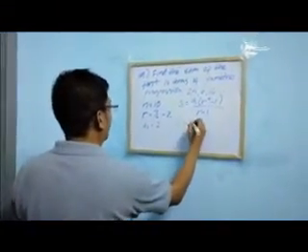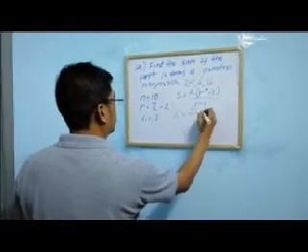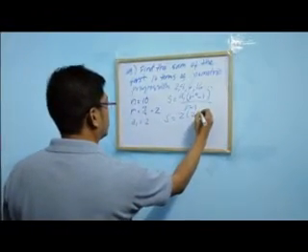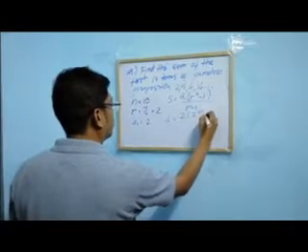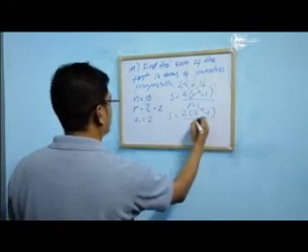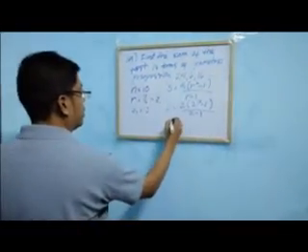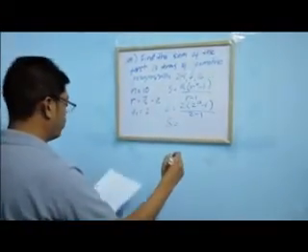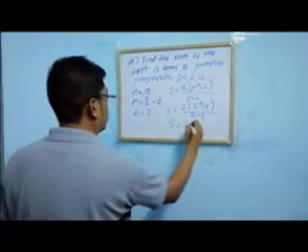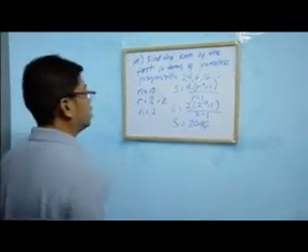So S equals a1 is 2, r is 2, raised to n, 10, minus 1, over 2 minus 1. So the summation, the answer will be 2046.